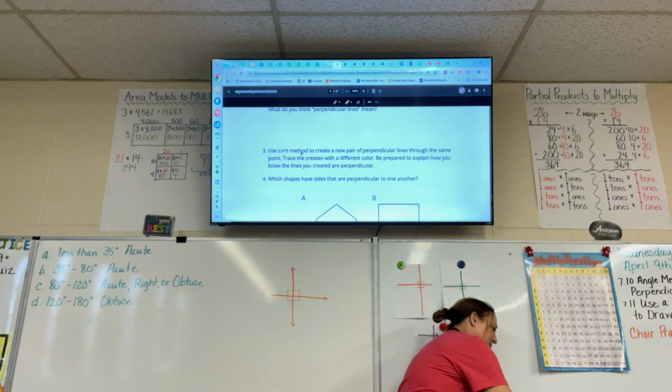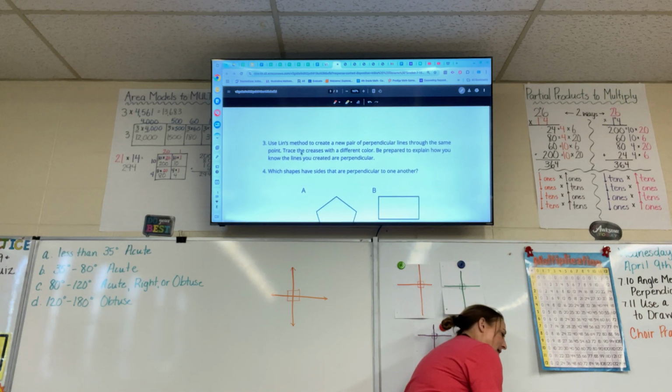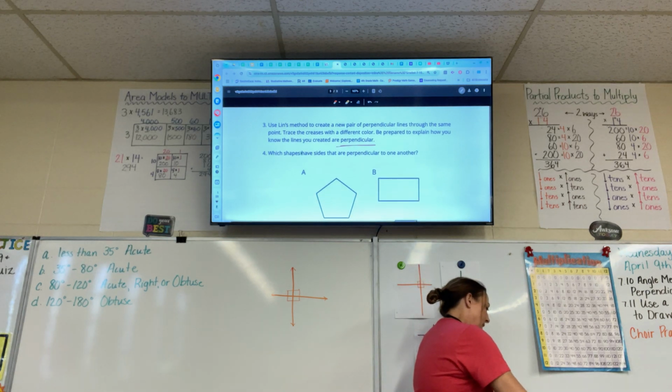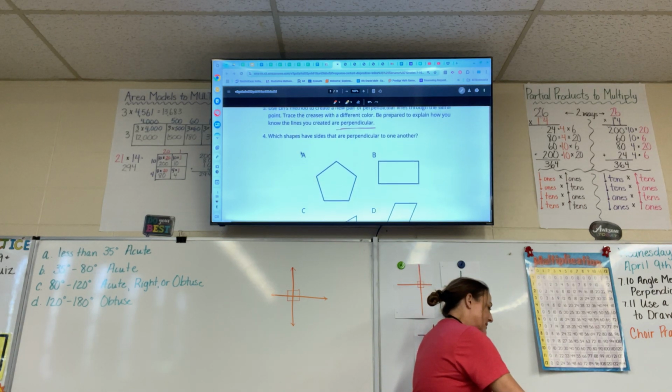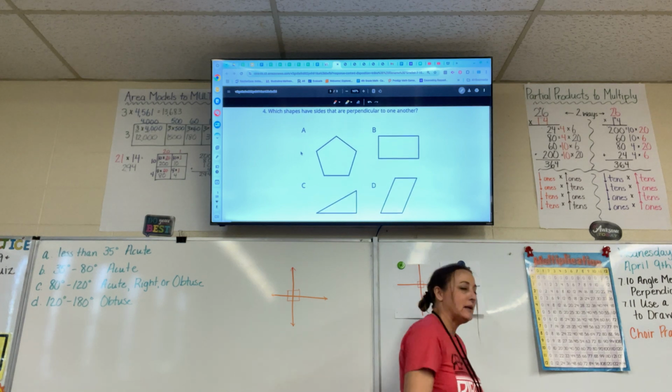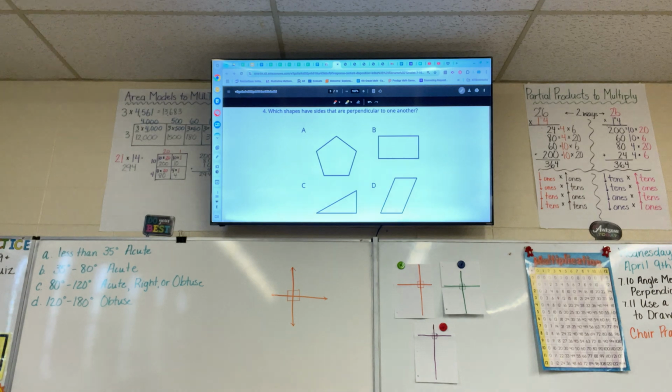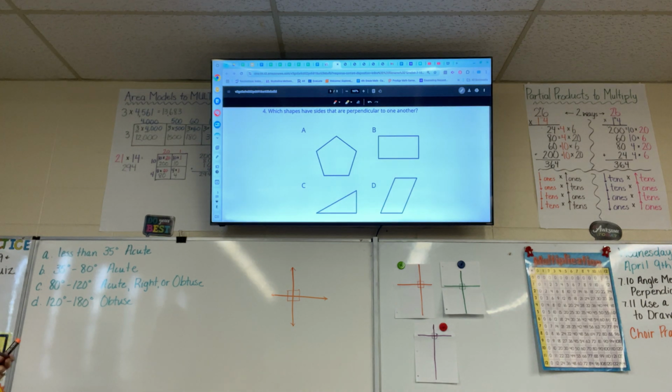Okay, so it says right here, the lines we created are perpendicular. Which shapes have sides that are perpendicular to one another? If they're perpendicular, they form right angles. Do you see any right angles on A? Yes, thumbs up.